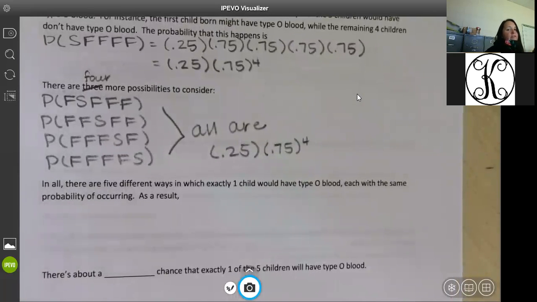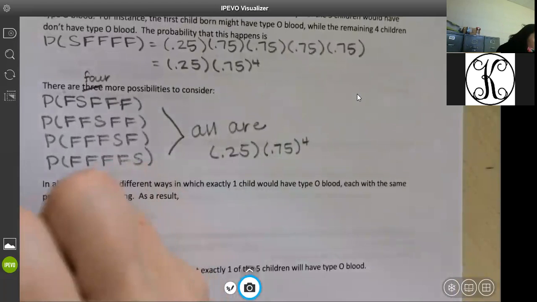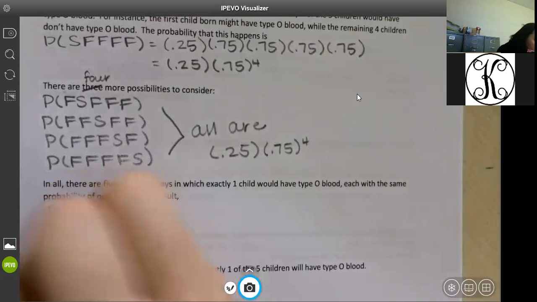So in all, there are 5 different ways in which exactly one child could have type O blood, each with the same probability of occurring. As a result, this is how we would write it.